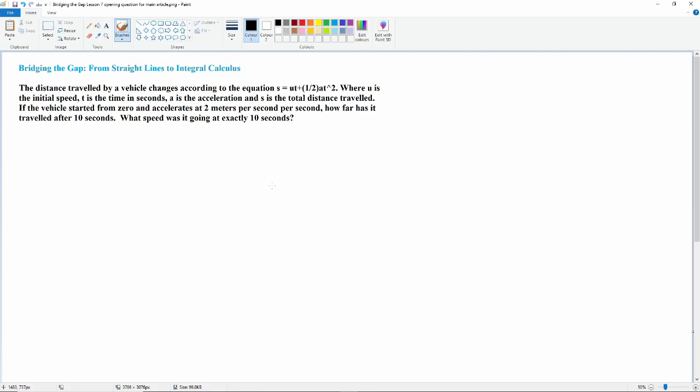Okay, well that wasn't without its charms. There's quite a nice question. But when I was answering it, I had this thought. When we were looking at the derivative of s with respect to t, we got to the ut bit, and we said that we could think of the t as t raised to the power 1, so it was 1 times u times t to the power 0, which is 1.